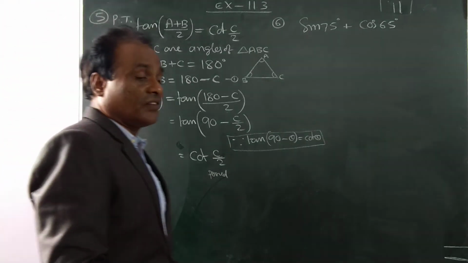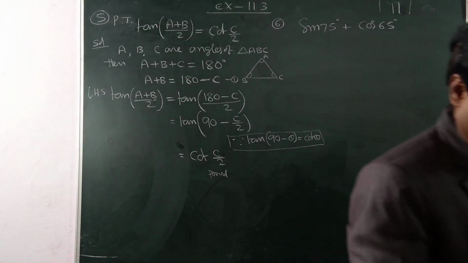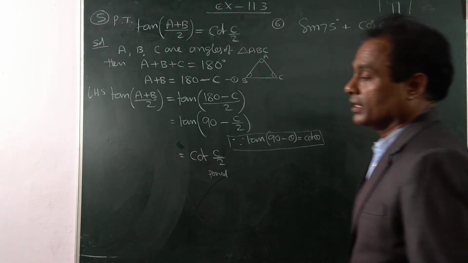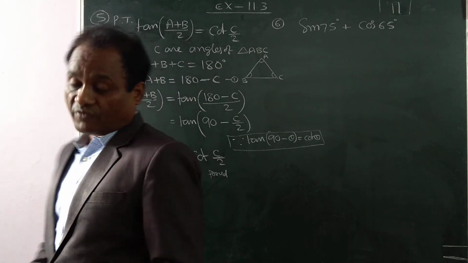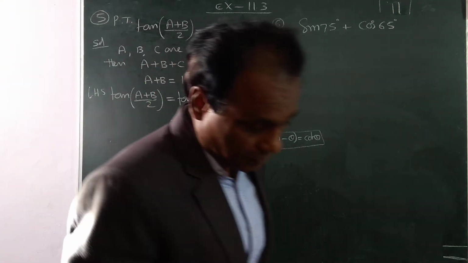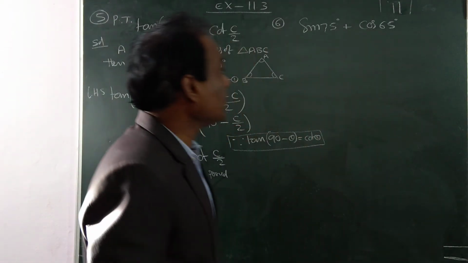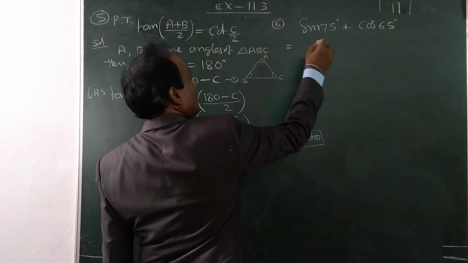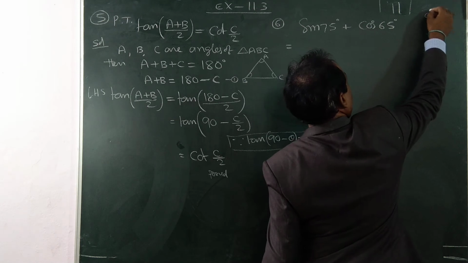Express sine 75 plus cos 65 in terms of trigonometric ratios of angles between 0 and 45. So, 0 and 45.